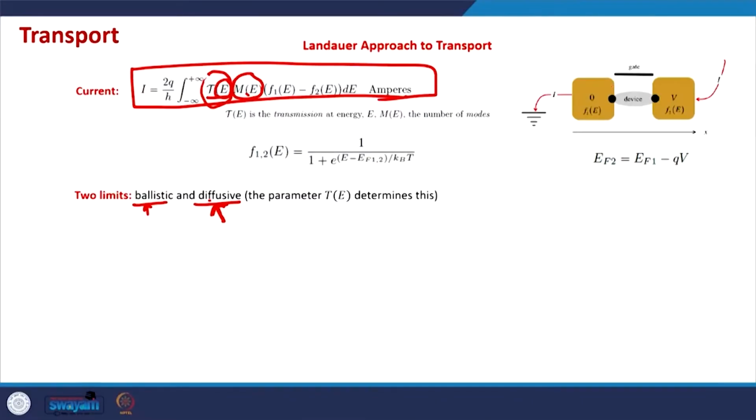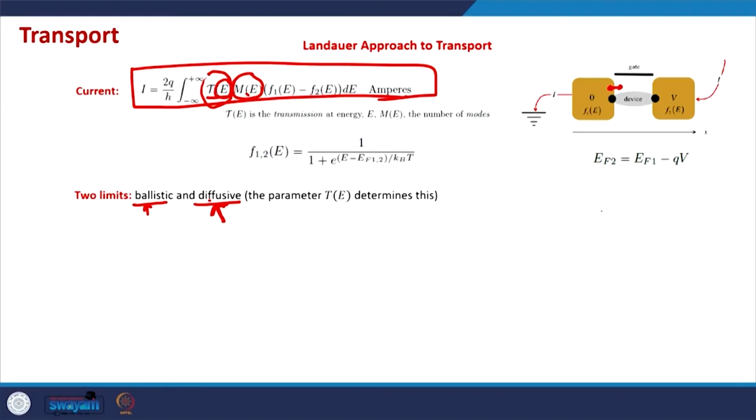So, we are not solving the Schrodinger equation between the contact and the channel, and between the source and the channel and the drain. We are assuming that it is like a particle, it may enter the channel or scatter back. So, that way it is not a purely quantum mechanical treatment. A pure quantum mechanical treatment will involve the solution of the Schrodinger equation in each case.